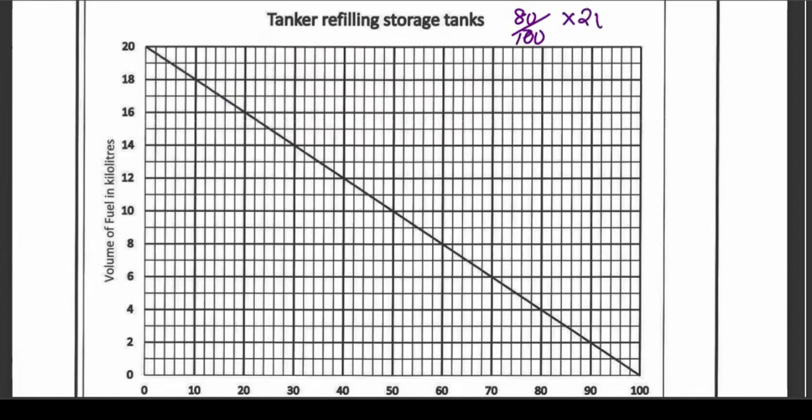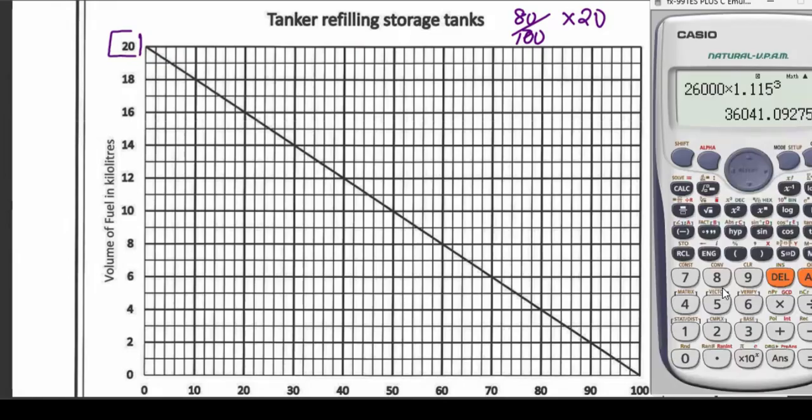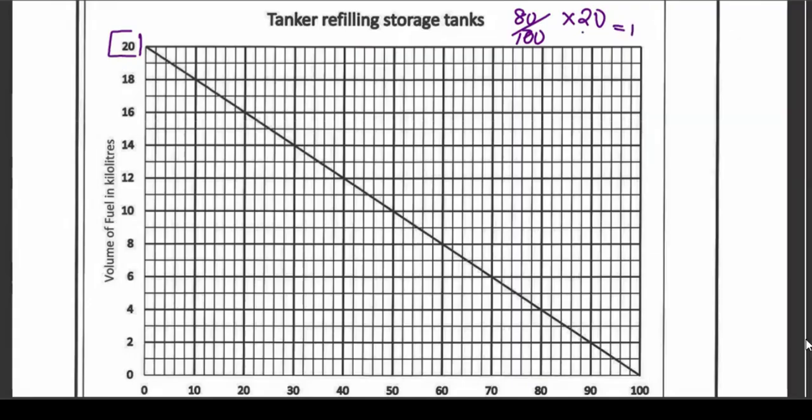80% of 20, because this is when it's full. So 80% of 20, what do you do? You come here, press 0.8 times 20. That's 16. So 16. That means we are starting from here.